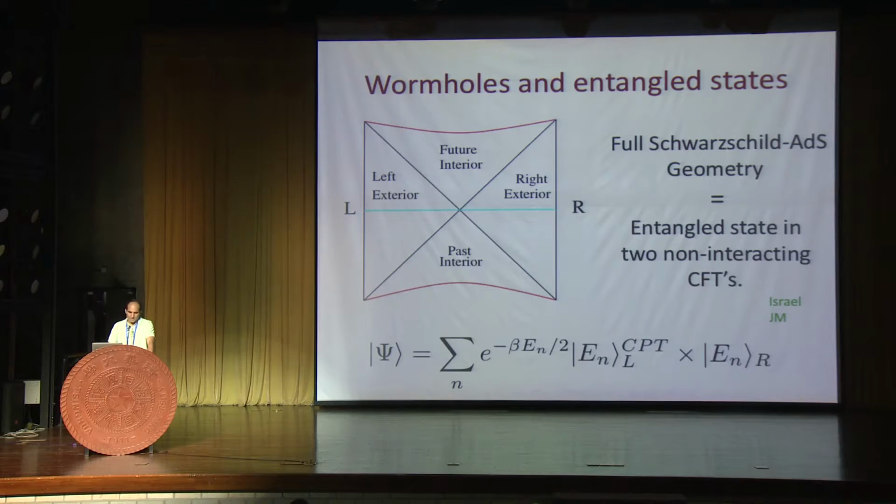It has two asymptotic regions, one on one side, one on the other side. So these are two AdS boundaries joined through the interior. And this is supposed to be the same as an entangled state in the two boundary theories, this particular entangled state is called the thermofield double.